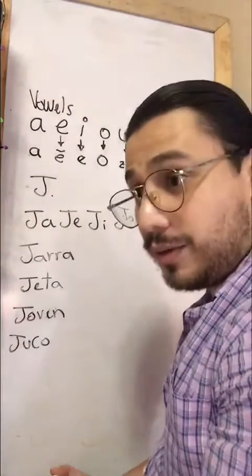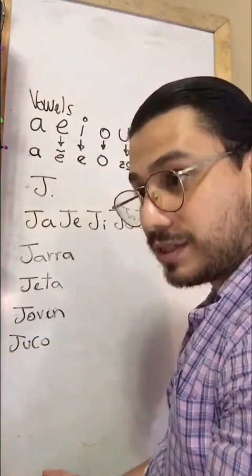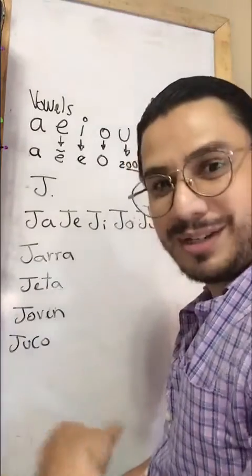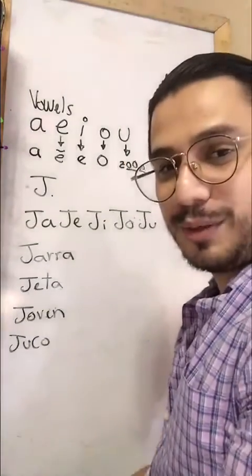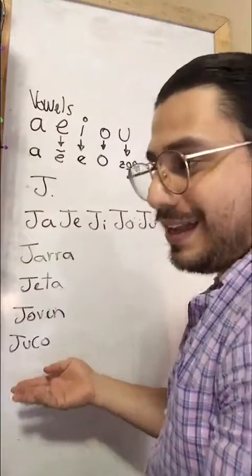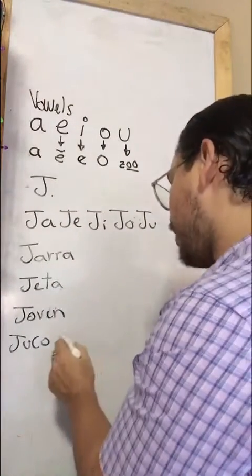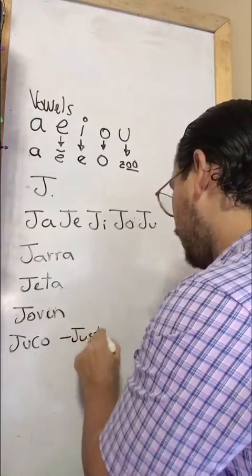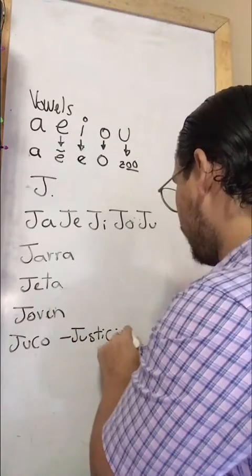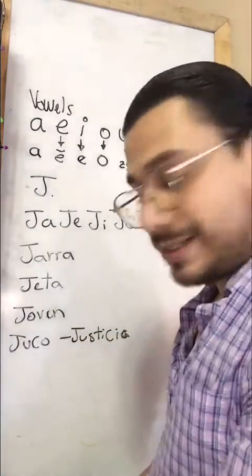Or you are juco, like "vos está juco." It's because someone is dirty. That's a popular word. People would find it funny if you use juco. Or justicia, if you're gonna be more formal. Justicia is justice. We have that one.